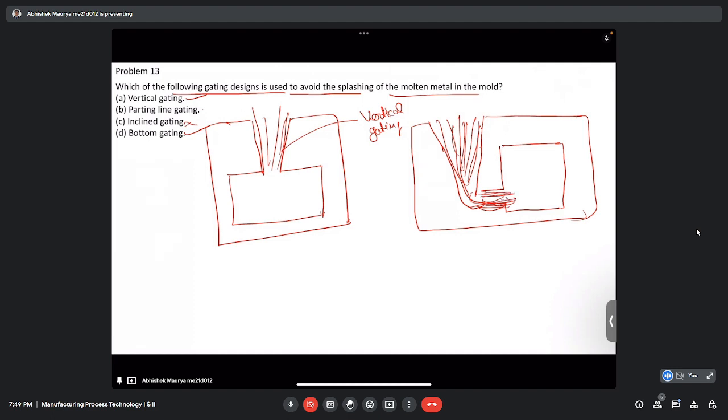And similarly, if our cavity is something like this, and it is getting filled neither from the top nor from the bottom, then somewhere it has a parting line.